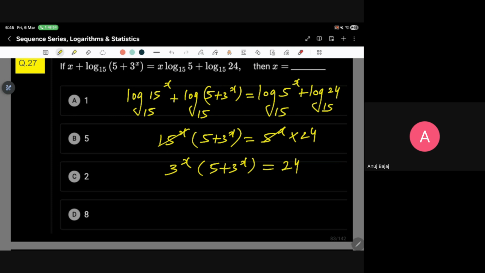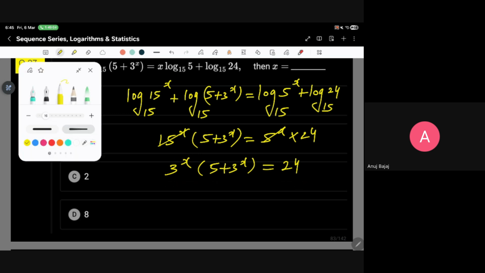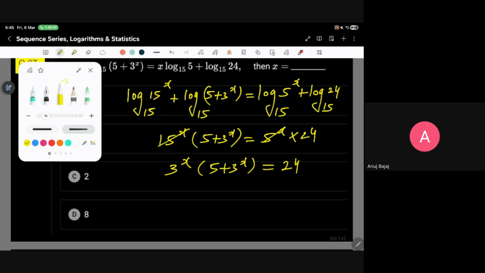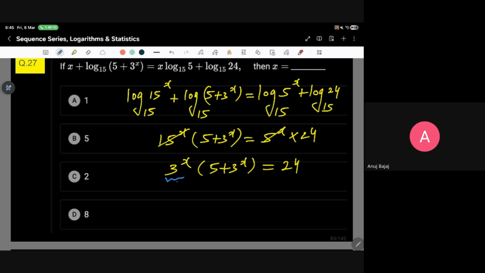So this is basically a quadratic. So see, when x is 1, then only this quadratic will have a root. Or if you want to solve it, let's assume this thing as t. So the quadratic will be 5t plus t square equals 24.